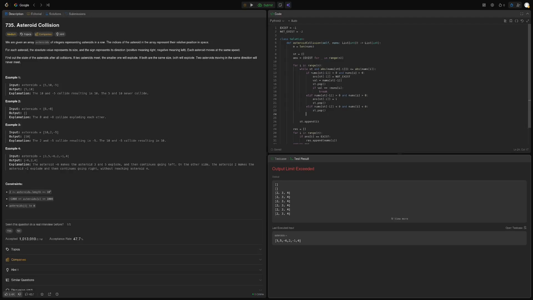Else, what case I didn't cover? Because that means that's the case when they are going in opposite directions, and the one going to the right, can it influence anything there? I'm not sure.